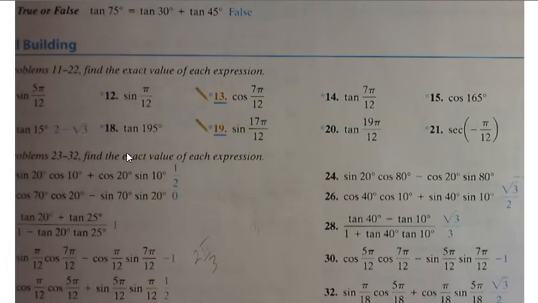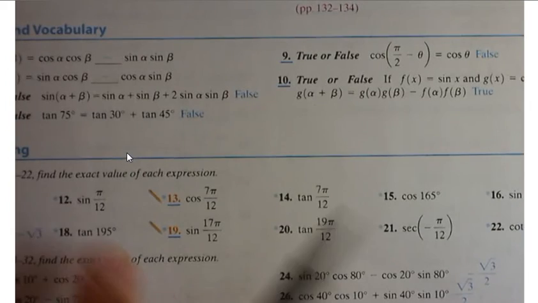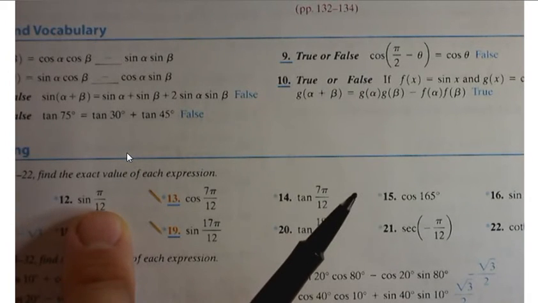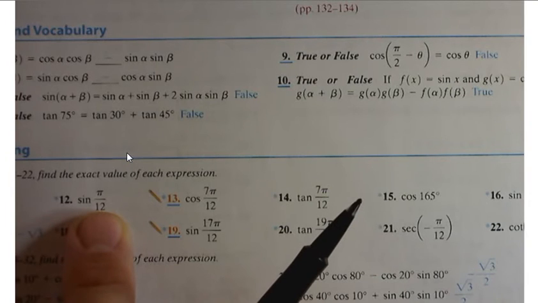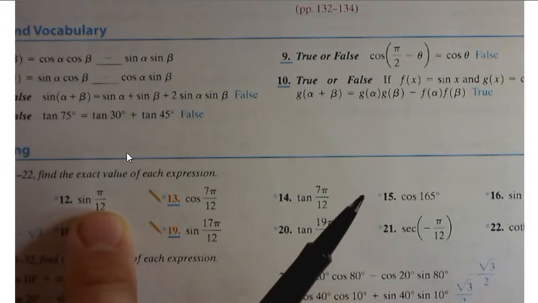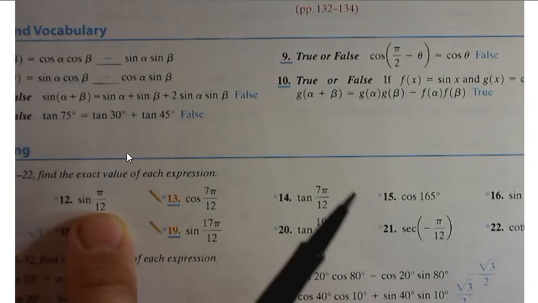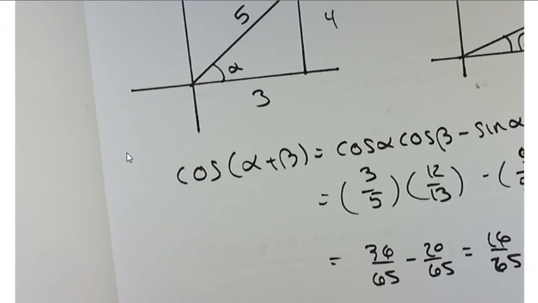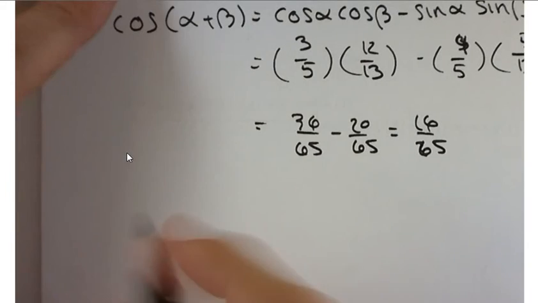One thing I see all the time, if I ask people to calculate sine of pi over 12, and I give them that hint, and they use the hint, and they go, okay, cool, sine of pi over 3 minus pi over 4. And then they break it up like this. They treat it as if you can distribute, as if it's sine of pi over 3 minus sine of pi over 4.